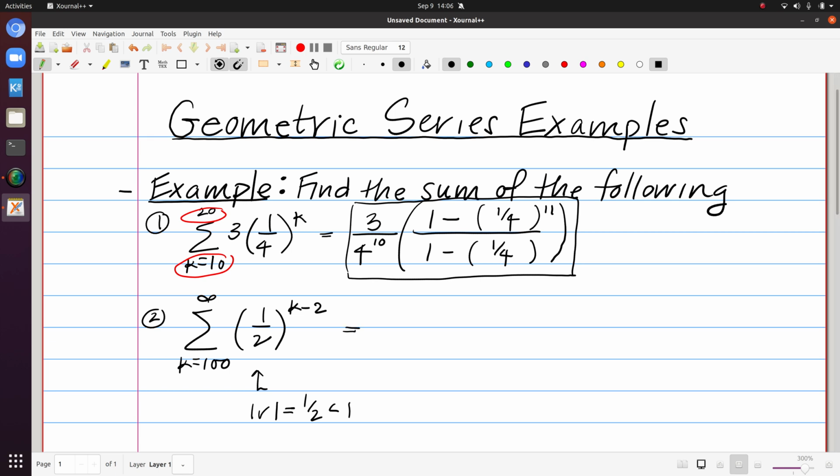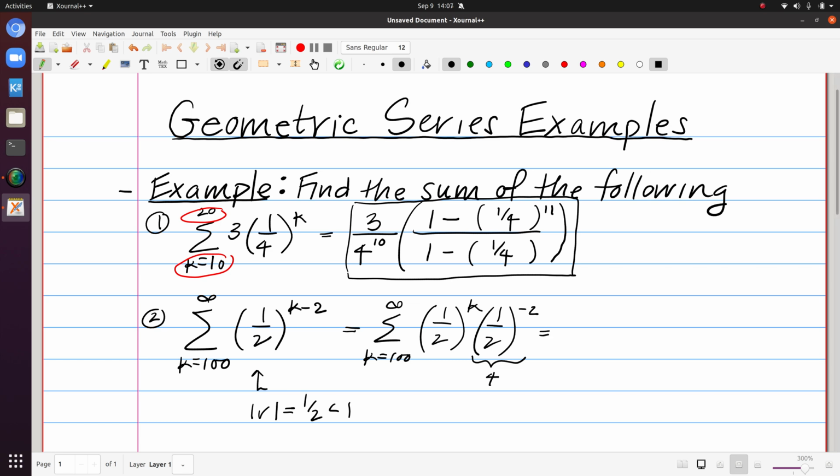A couple things to observe here. We're used to having our r value written to the k, but I could write this sum as 1/2 raised to the k times 1/2 to the minus 2. 1/2 to the minus 2 here, we could express as 2 squared, or 4. And then we would be able to write this in the following way.